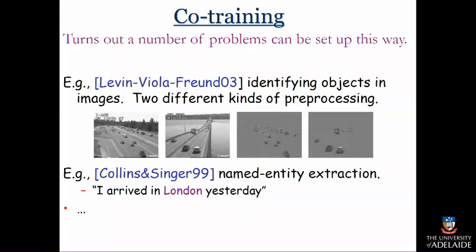Here, just to give you some examples, this 2003 paper applied this idea to object detection, in this case to detect vehicles. And this is named entity extraction. It's a problem in natural language processing, and it turns out that you can use this idea for this problem as well.